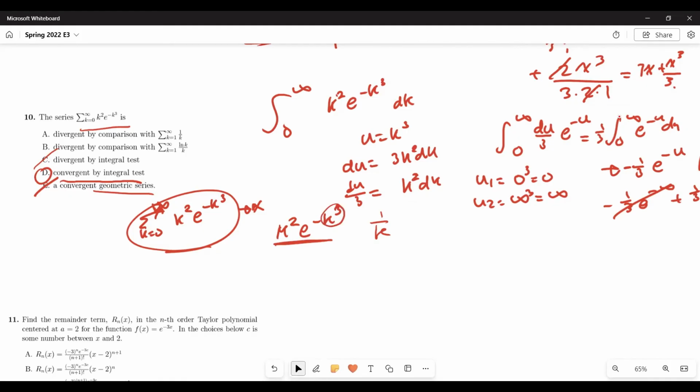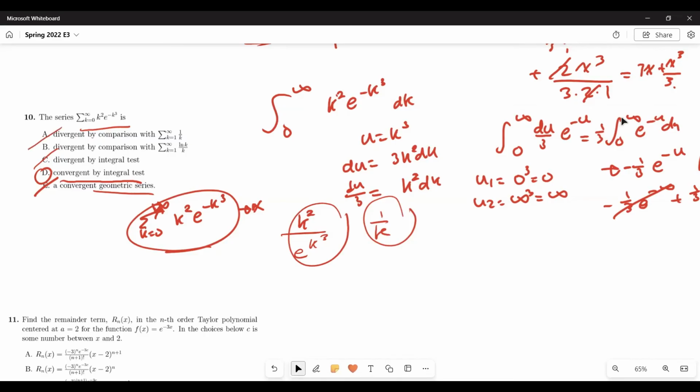You could put that in the denominator, but this is not the same format. So if you do that, it's not possible to do it. This is not a similar format. If it was k squared over k cubed, then it would be possible to compare it. But this is not in the format like that, so it's not possible.